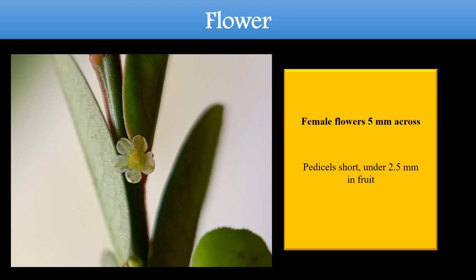Female flowers are 5 mm across, pedicel short, under 2.5 mm in fruit. You can see the female flowers, and the perianth is 1.6 to 1.8 mm long, ovate, acute at apex, mid-rib broad. These are some of the characteristics of the female flowers that you can distinguish.